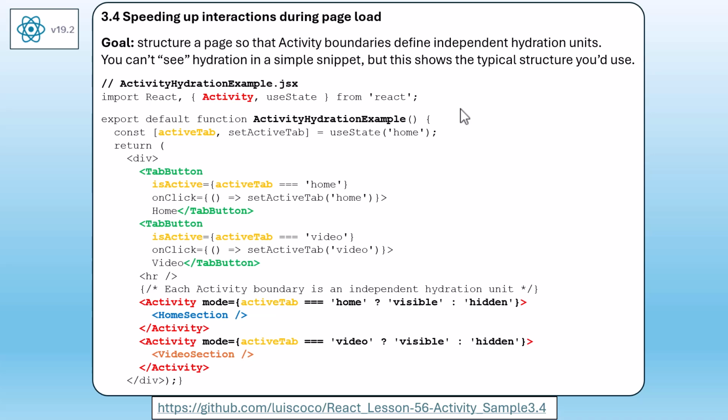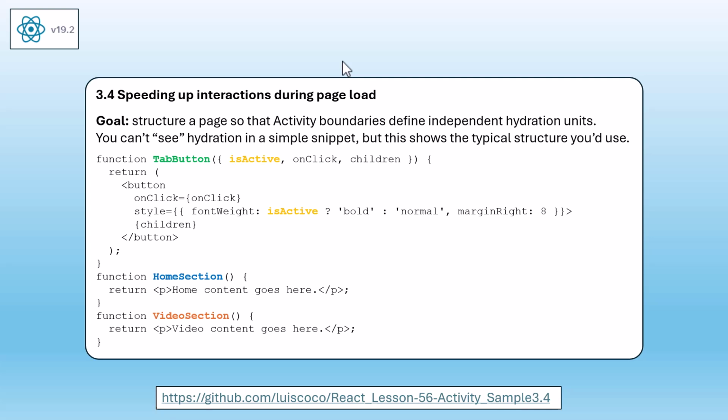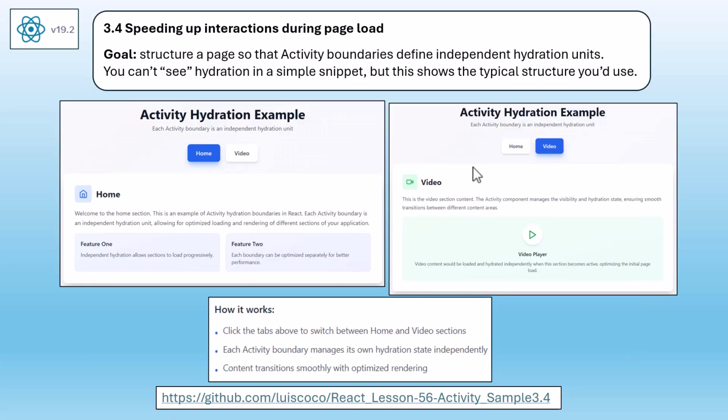They give React clues about which parts of the user interface can hydrate independently. Instead of forcing the entire page to hydrate at once, activity allows responsiveness to begin earlier, even before all components are ready. This improves performance in initial page load scenarios, especially when some parts of the interface take longer to become interactive.